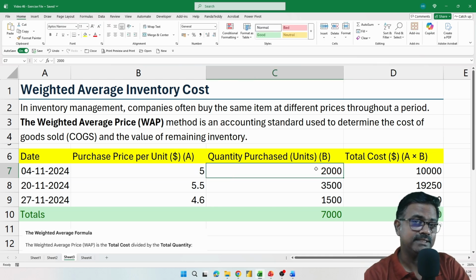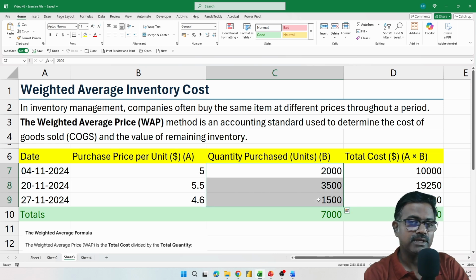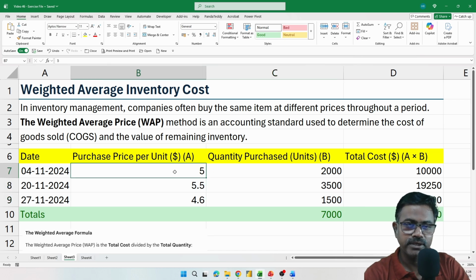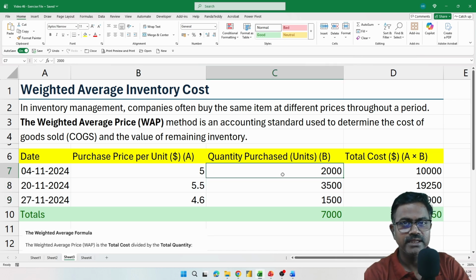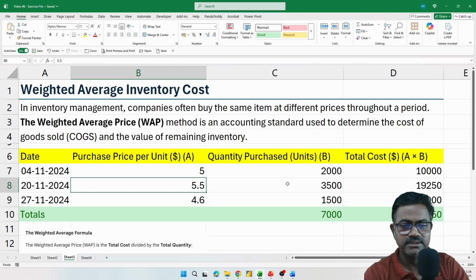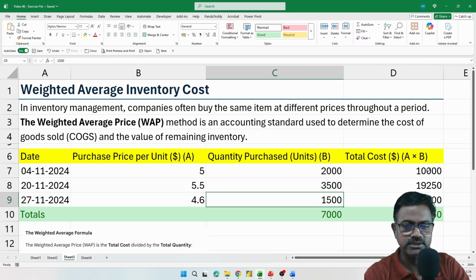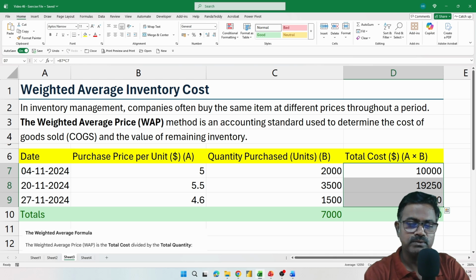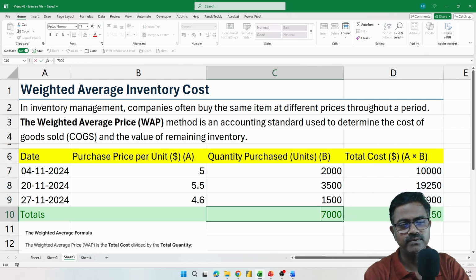In this case, the weightage I'm going to consider is the quantity, because I want to calculate per unit. So the quantity is the weightage here for me. So per unit price into 2000, per unit price into 3500, per unit price into 1500, which is what is calculated here. So this is the total divided by the total of the weightage.